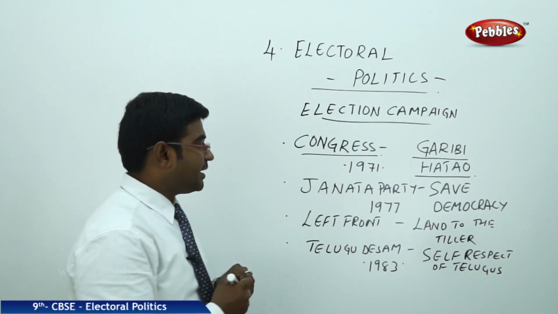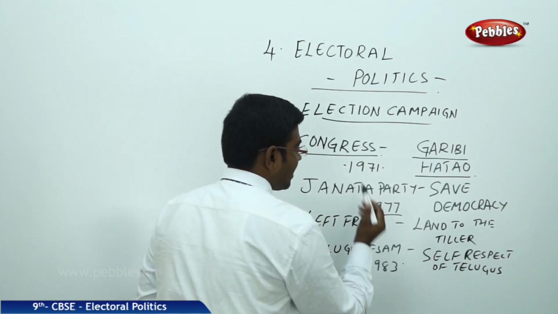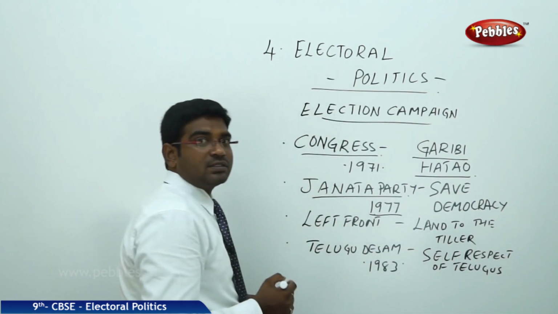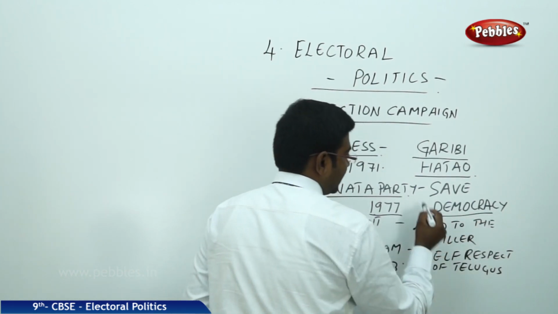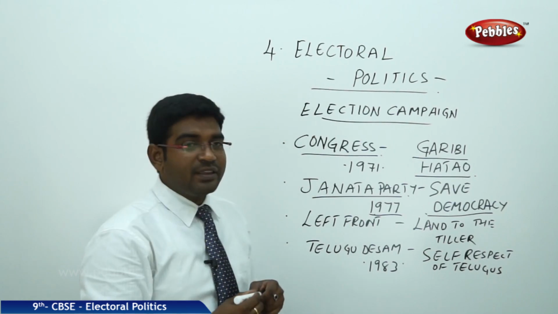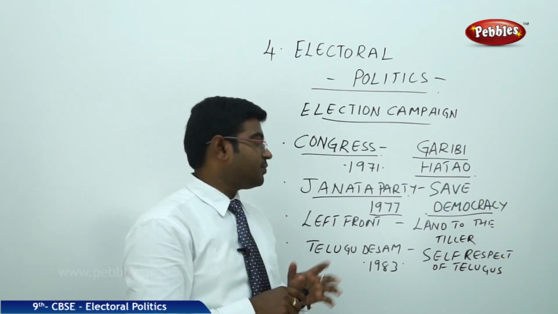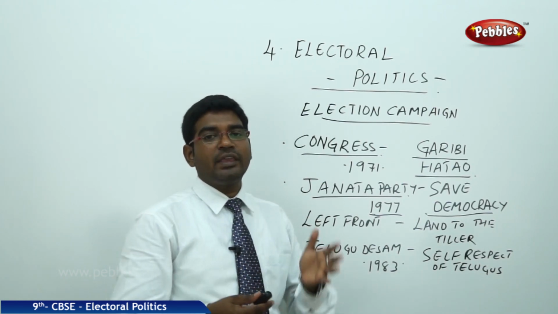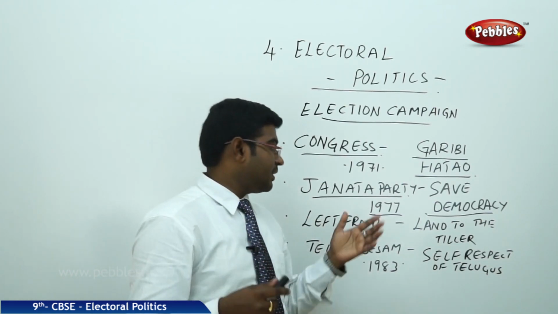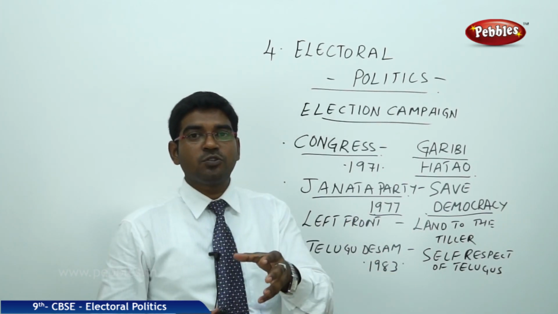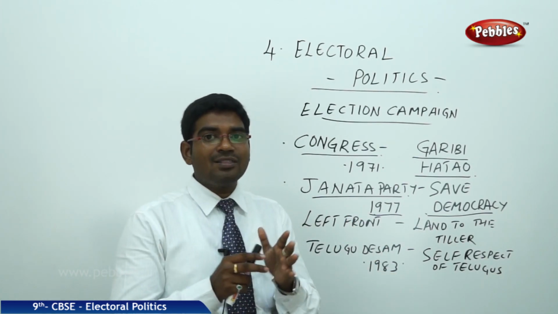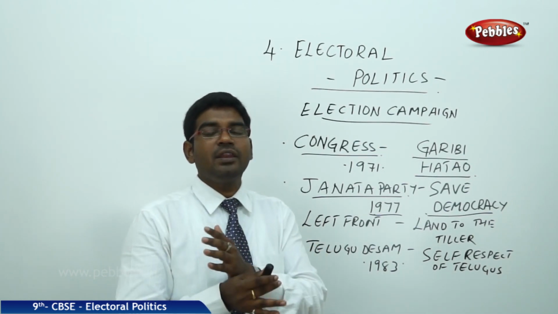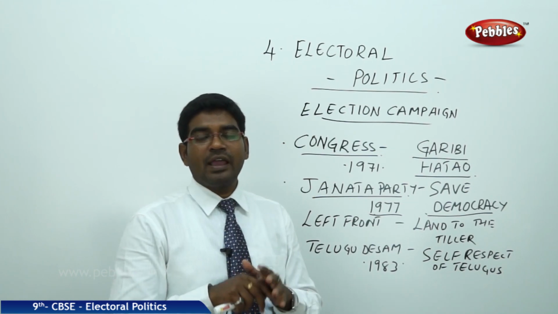And in the next term, in 1977, when the elections happened, the Janata Party came up with a slogan, that is Save Democracy. It was a time period when Indira Gandhi, from 25th of June 1975 to 1977, had imposed emergency where all the civil liberties and all the rights of the individual citizens were completely upheld and cancelled.